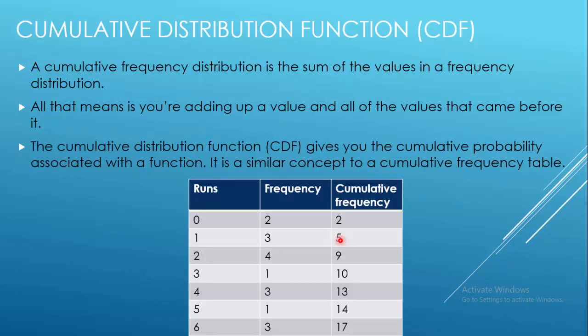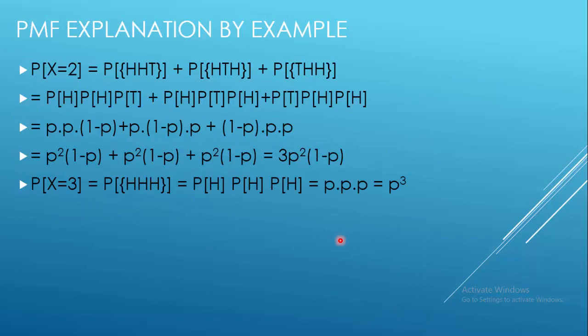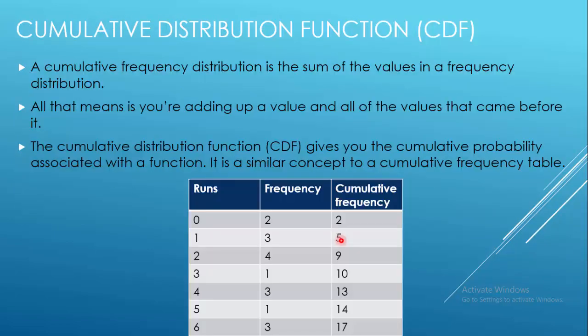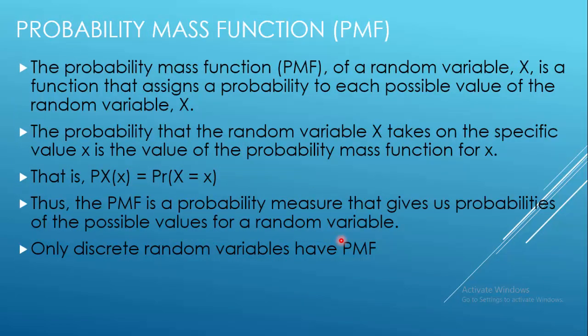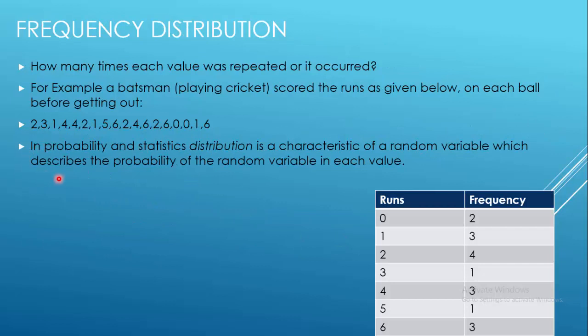Or in case of these scores over here, because this example is the same as this one over here, which we talked about in the last video, the score of a batsman, and this is the frequency of the runs.